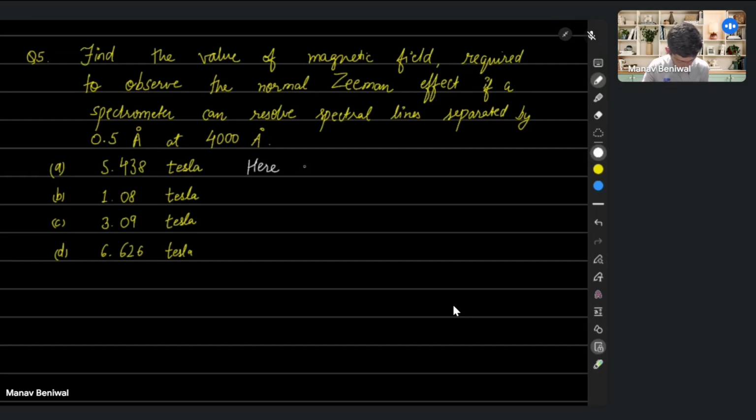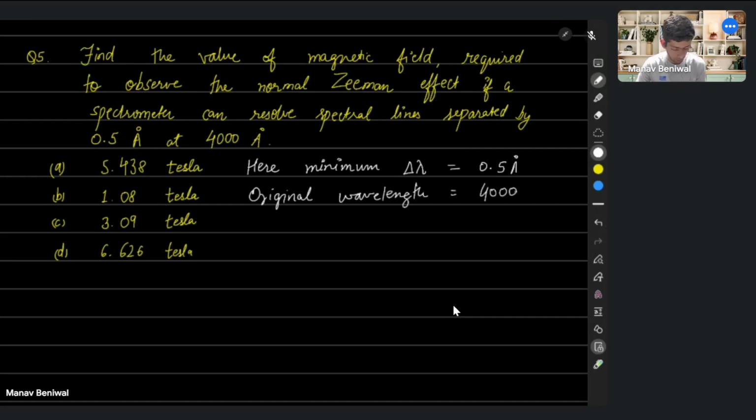So here we are given the minimum value of delta lambda, that is given to us as 0.5 angstroms. The original wavelength is given to us as 4000 angstroms.